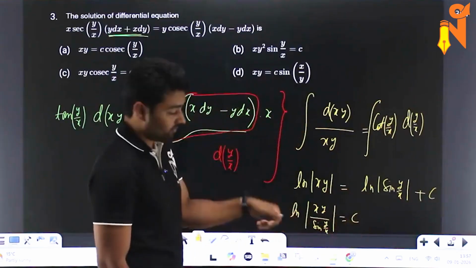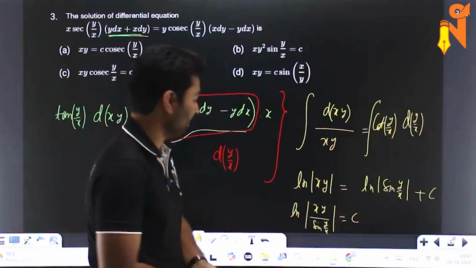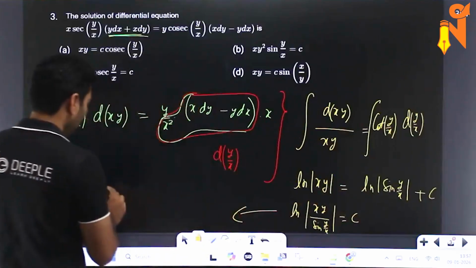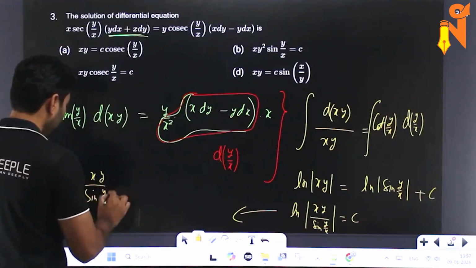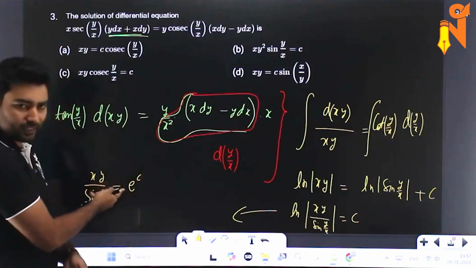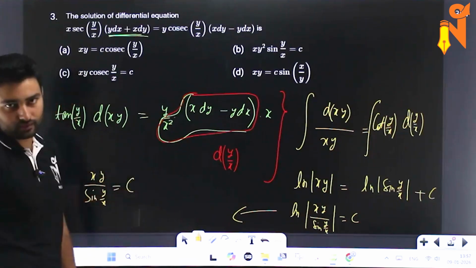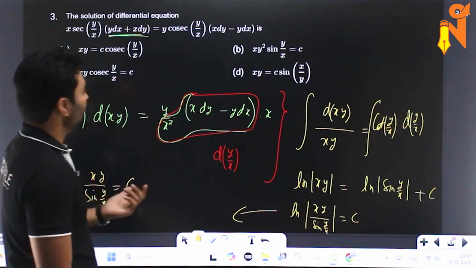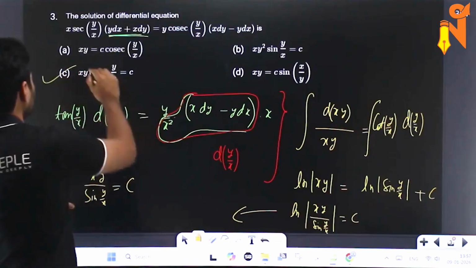Base is e here, this will go there, e power c is c. So basically this will become xy upon sine of y by x is equal to e power c. Where is the mod? Put here plus minus, still this whole thing is c, you can take this as c. So xy into cosec y by x equal to c, option c is correct.